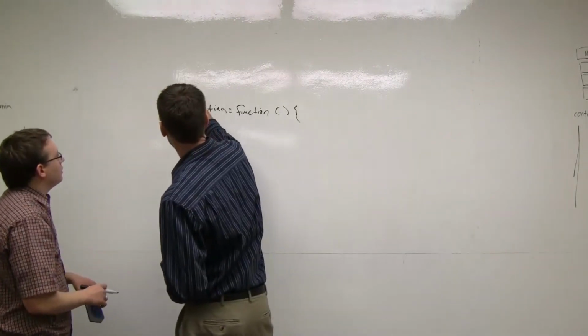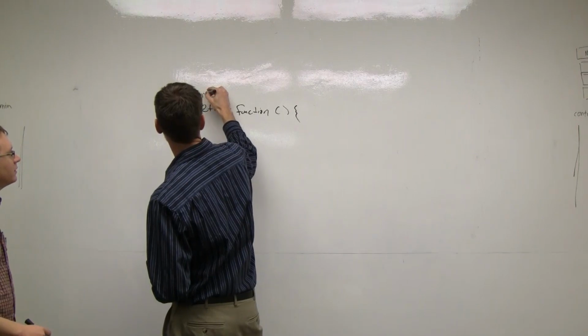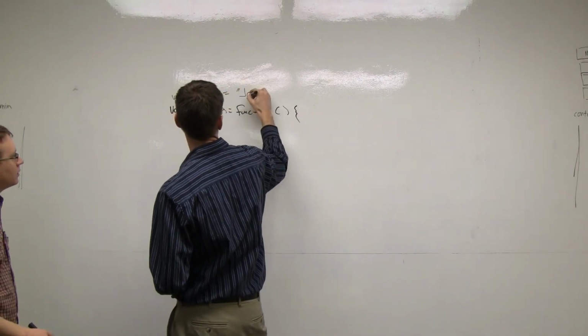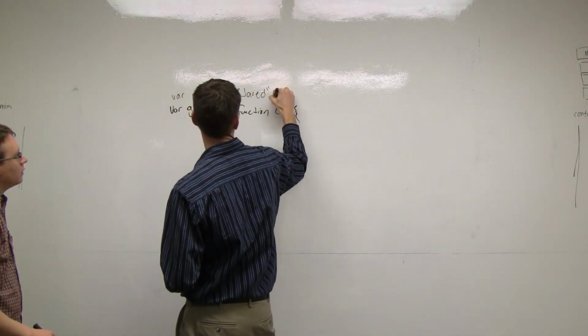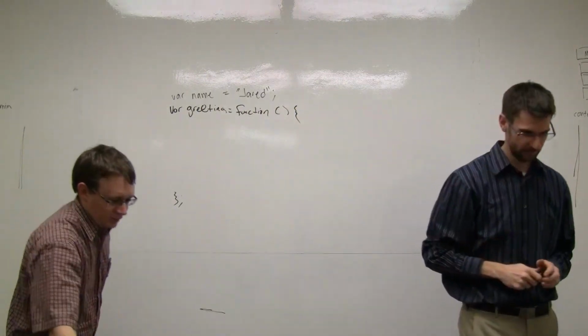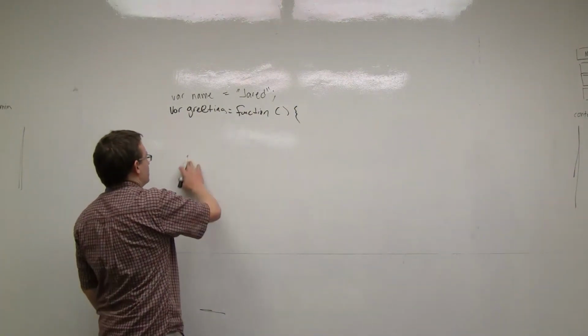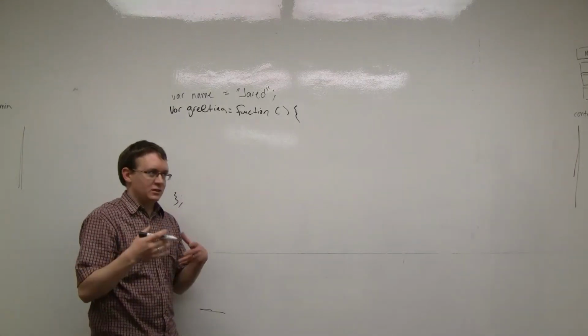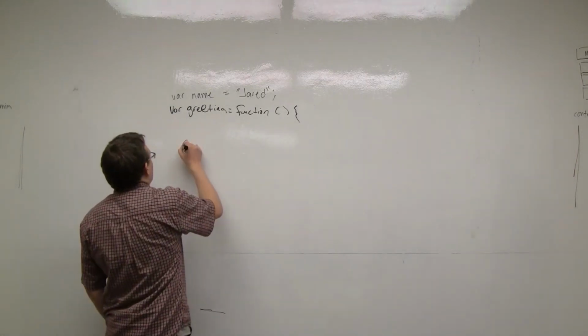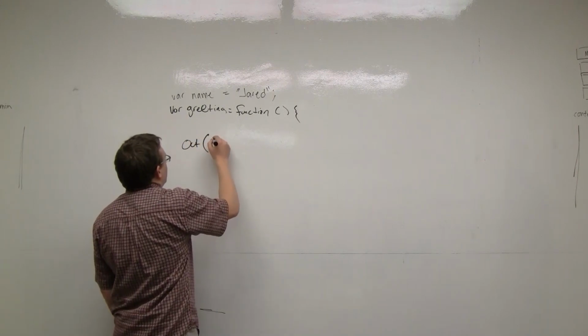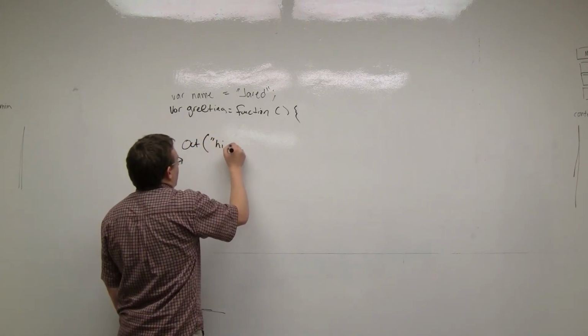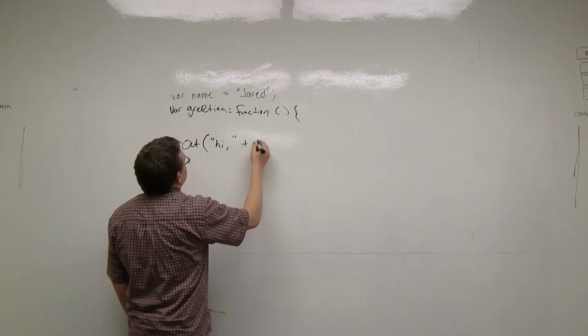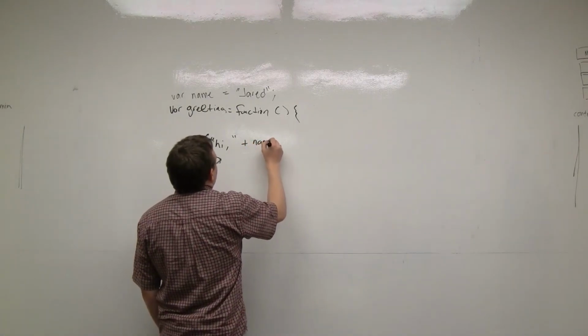Now let's use that to illustrate scope. Our greeting function, I'm going to invent a function called out that you can pretend just spits out something. Out, hi, plus name.